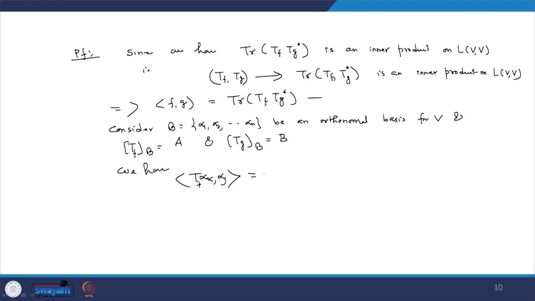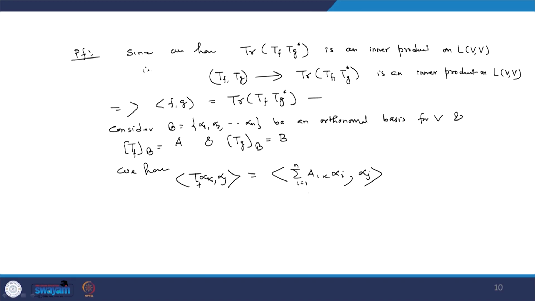What is this? This will be equal to the inner product of T_f of alpha k, which, according to the definition of the matrix representation, is equal to sigma a_ik alpha i, i equal to 1 to n. I mean to say, we have to consider the kth column vector of the matrix A times alpha i, and alpha j.